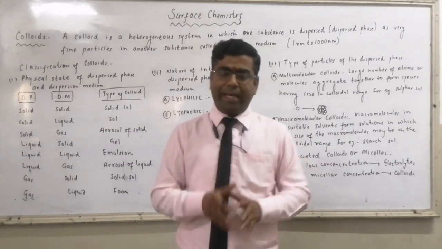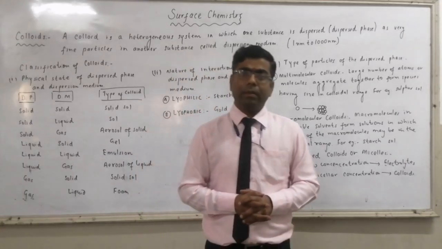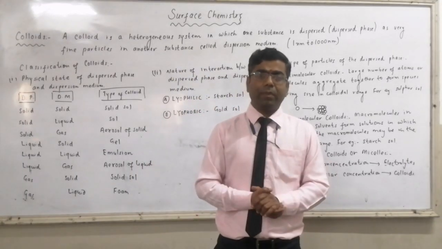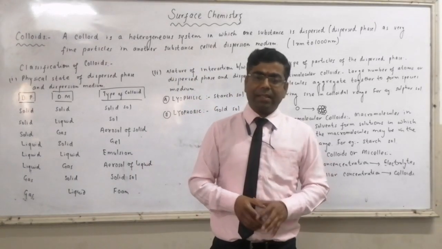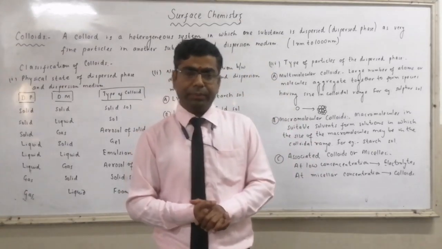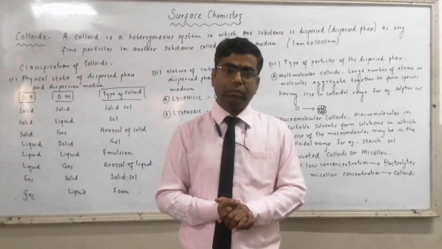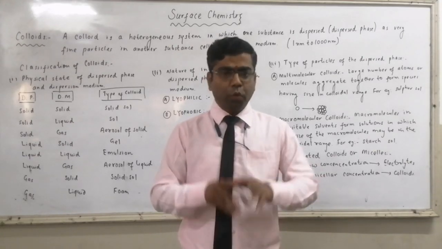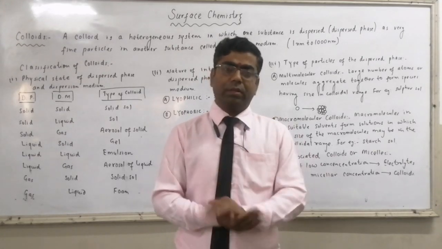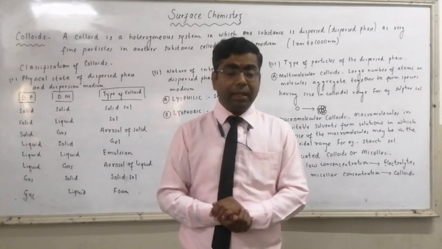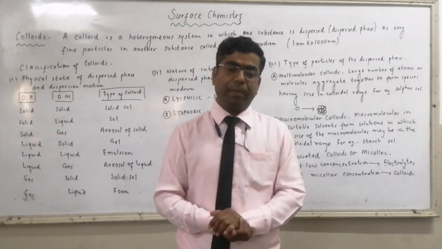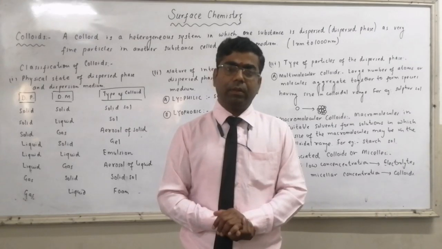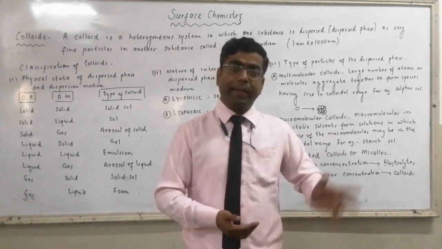So if the particle size present in the mixture is less than 1 nanometer, then the mixtures are called true solutions or simply solutions. They are homogeneous in nature. Now move to colloids.